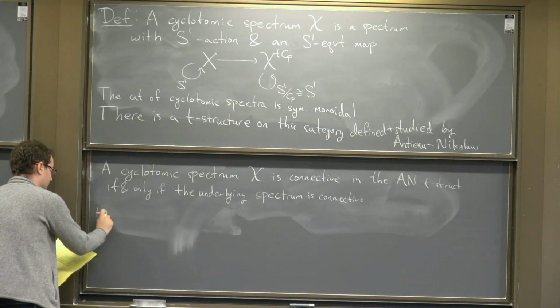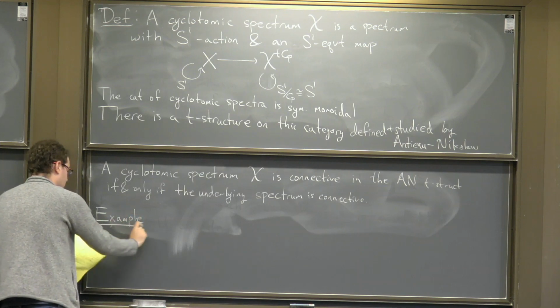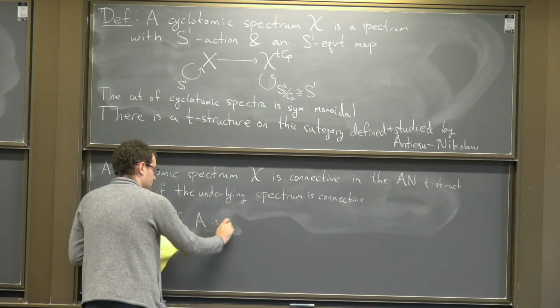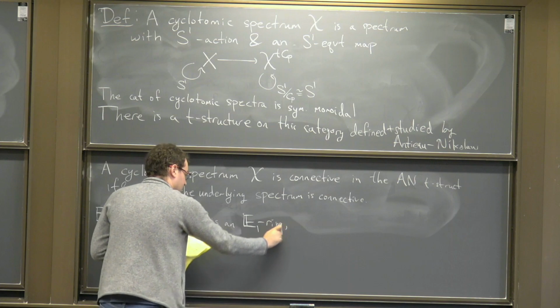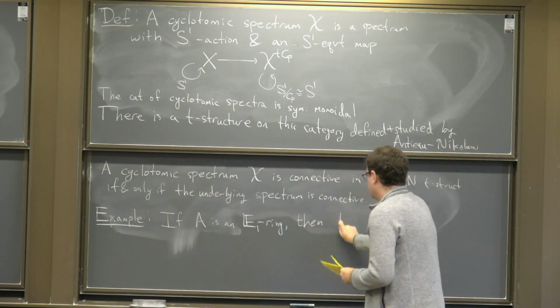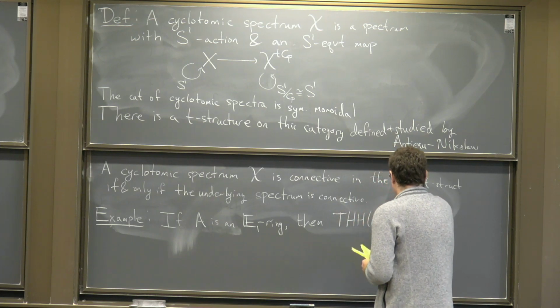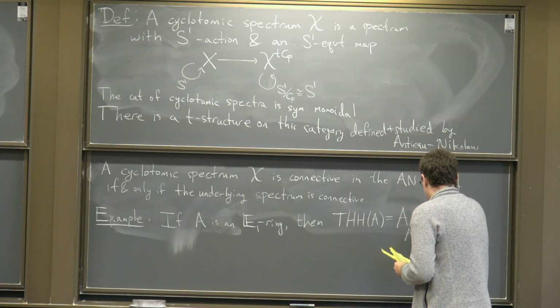So the basic example is that if A is an E_1 ring spectrum, then I can take THH of A, A tensor A^op over the sphere.